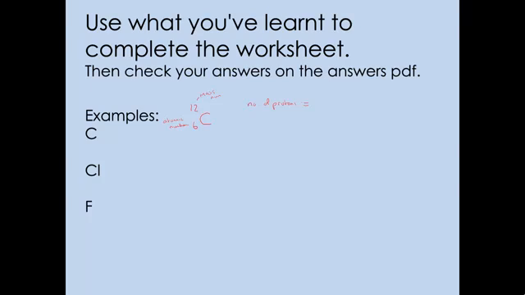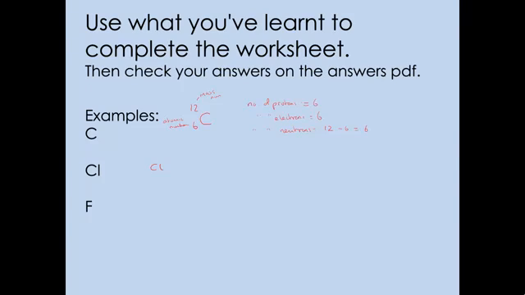So for this, it's going to be 6. And then the number of electrons is going to be the same. So it's also going to be 6. And then the number of neutrons is going to be the difference between the numbers, so it's 12 minus 6, which is also 6. So carbon has 6 protons, 6 electrons, and 6 neutrons.